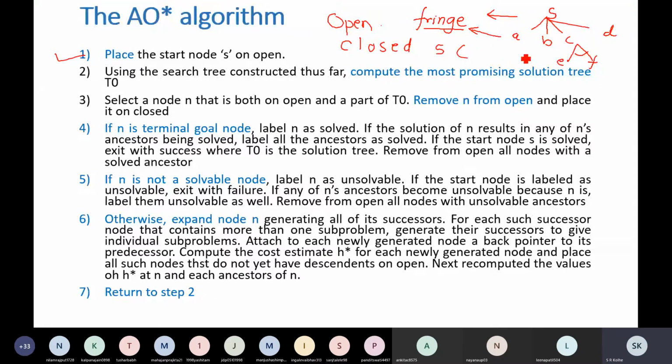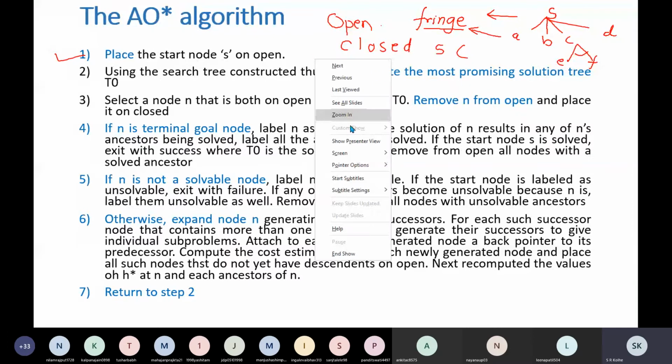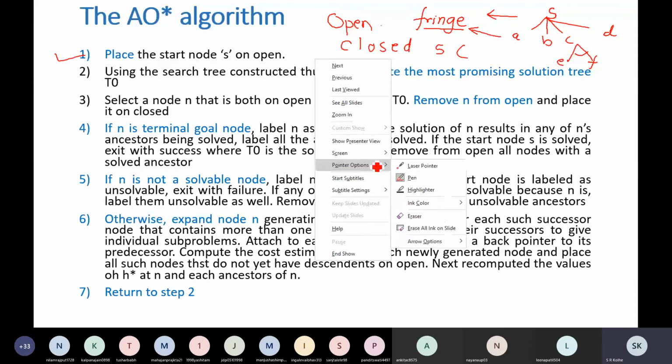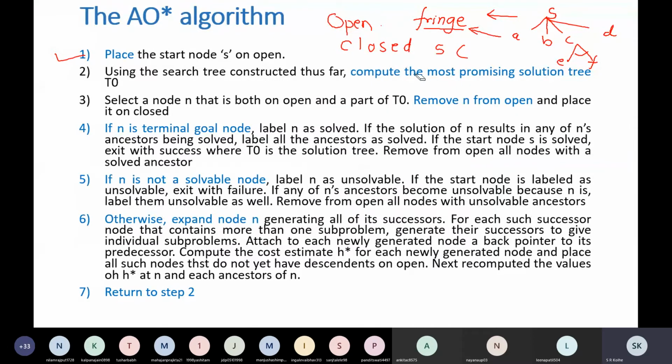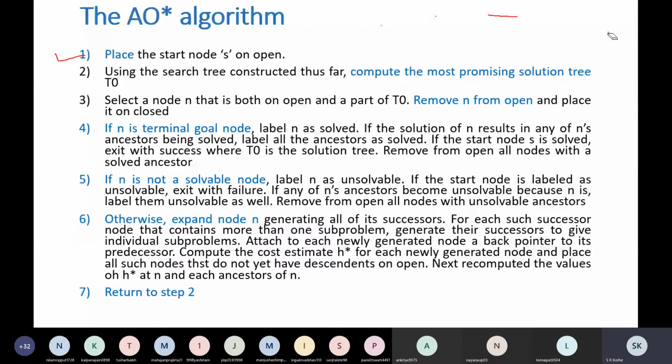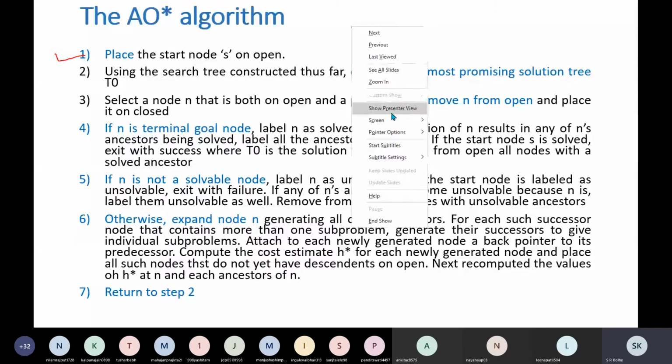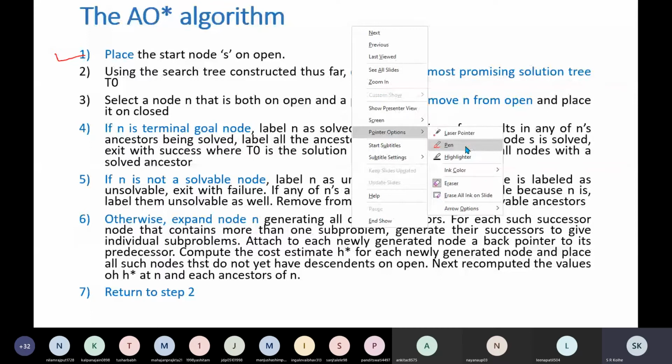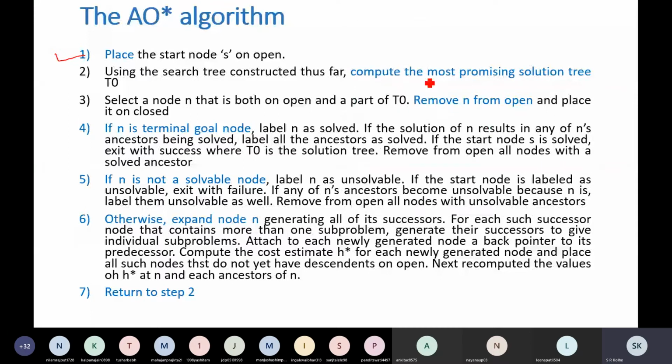In this way you are going to update those lists. So on the open list we will have nodes which are generated but not explored completely, and on the closed list we will have nodes which are generated and explored. So initially S will be there on the open list.